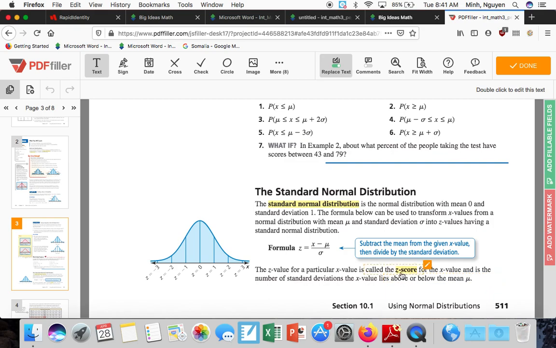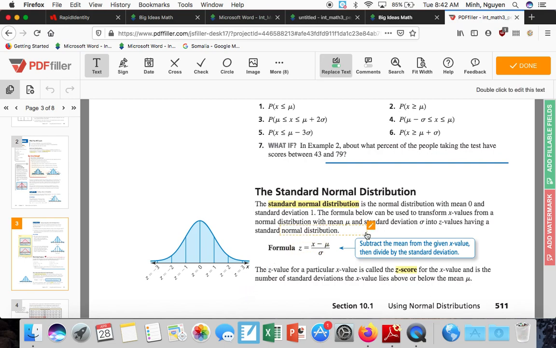So the z-score just indicates a number of standard deviations above or below the mean. If the z-score is positive, that means it's above the mean. If the z-score is negative, that means it's below the mean. So if something has a z-score of 1, then it sits right here above all this and below all this.